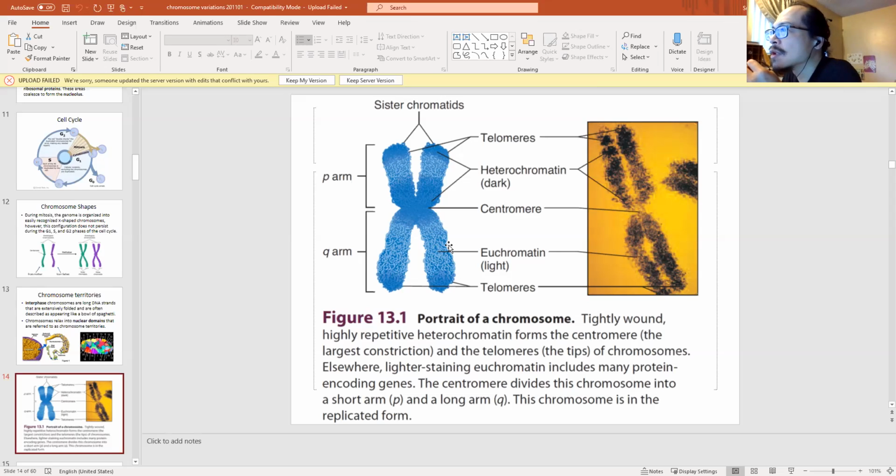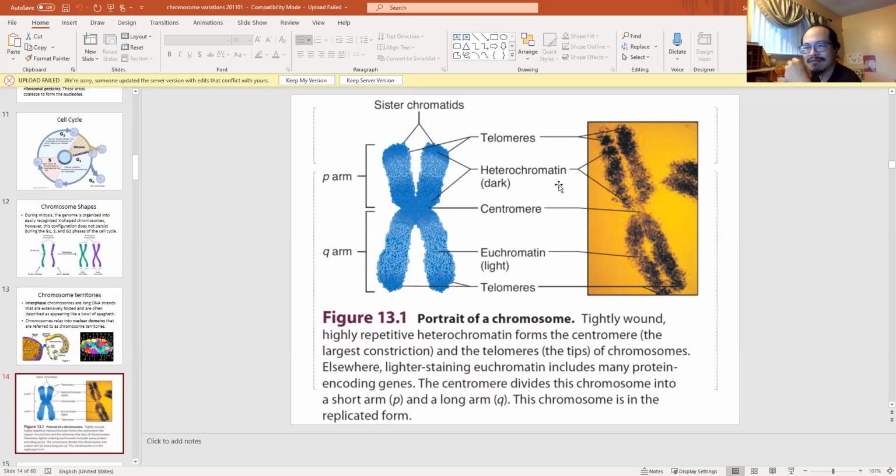This region is called the heterochromatin. So this dark part, this is containing a lot of repeats. This one, as you can see, half of our chromosomes are heterochromatin. They carry non-coded repeats. And half of our chromosome are non-coded repeats.